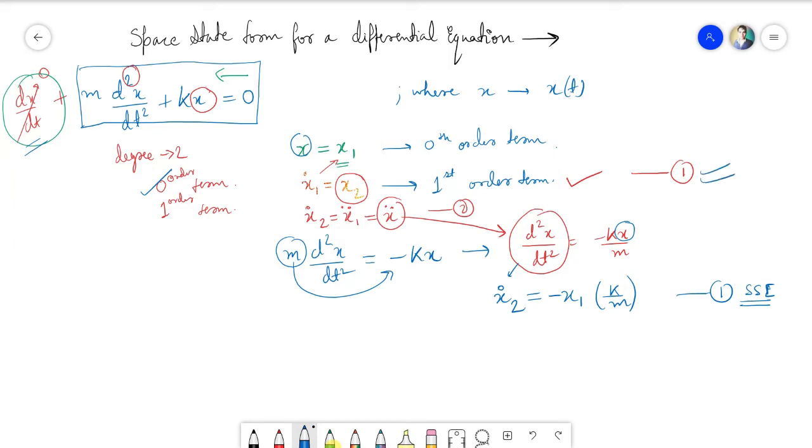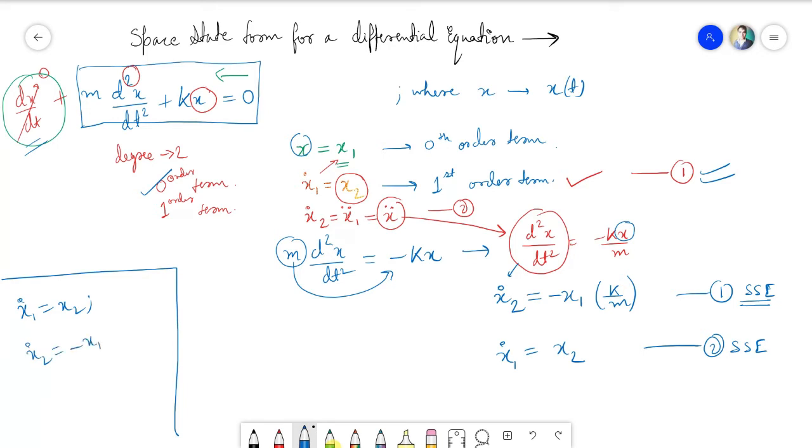The second one is this equation, that is x1 dot is equal to x2. So this is the second state space equation. In MATLAB you will use x1 and x2. So for that you need to write x1 dot is equal to x2 and x2 dot is equal to minus x1 k by m.